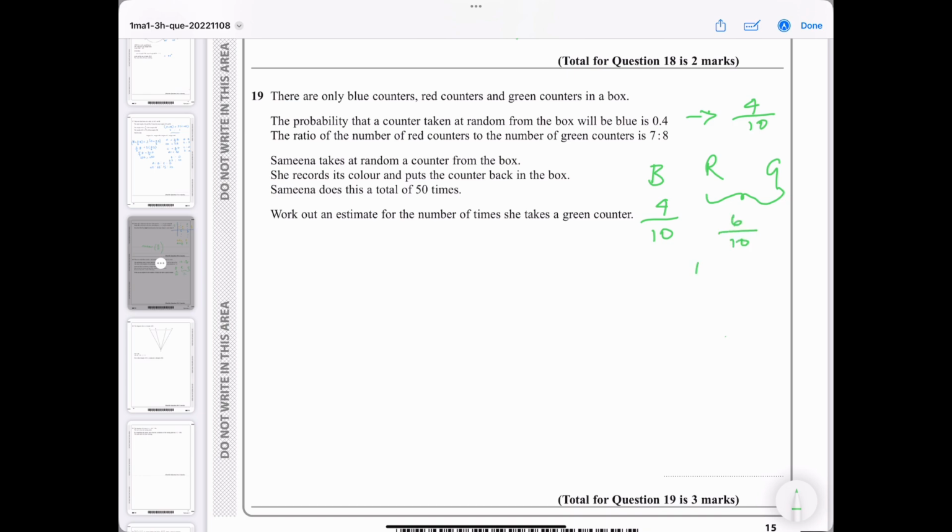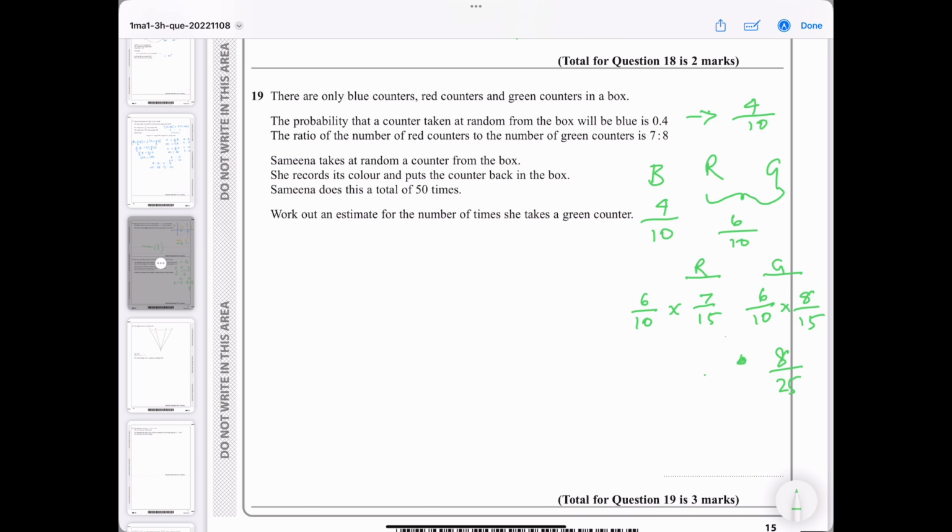So red will be 6/10 times 7 over 15, and green will be 6/10 times 8 over 15. So that 6/10 times 8/15 is 8 over 25 if you put it into the calculator.